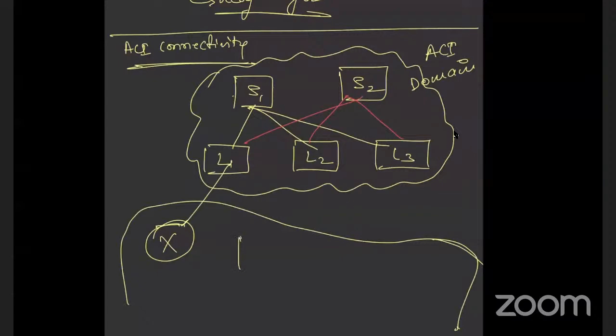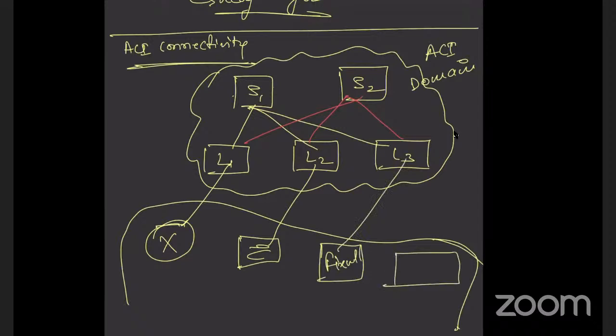If you have an edge switch, you can also connect it to your leaf. A firewall also connects to a leaf, or any service device like a load balancer or IPS. This is for the single pod.